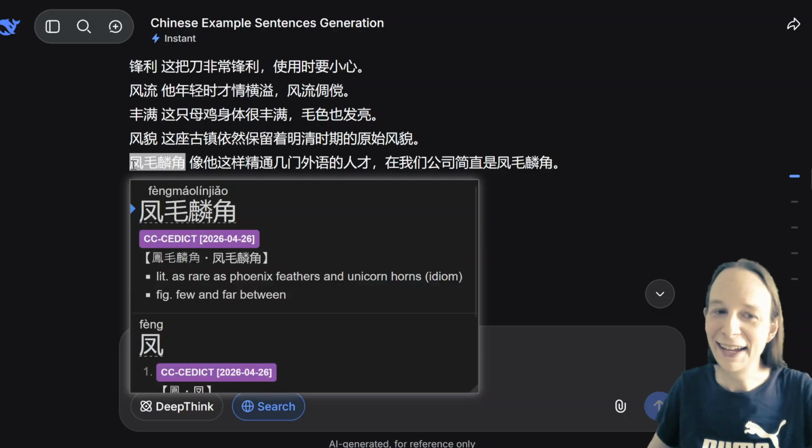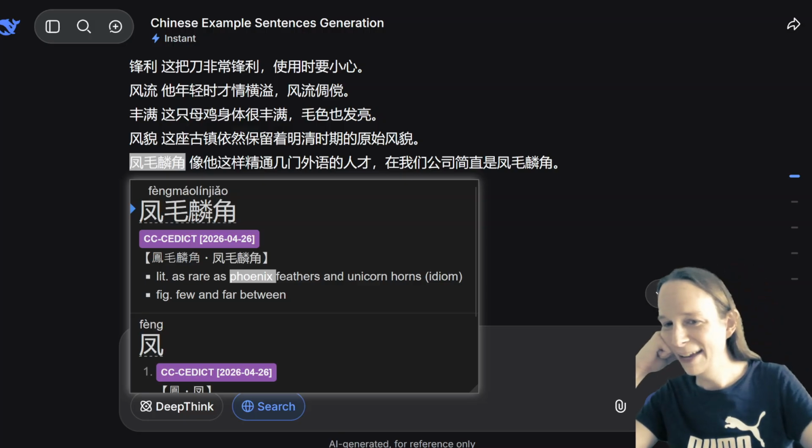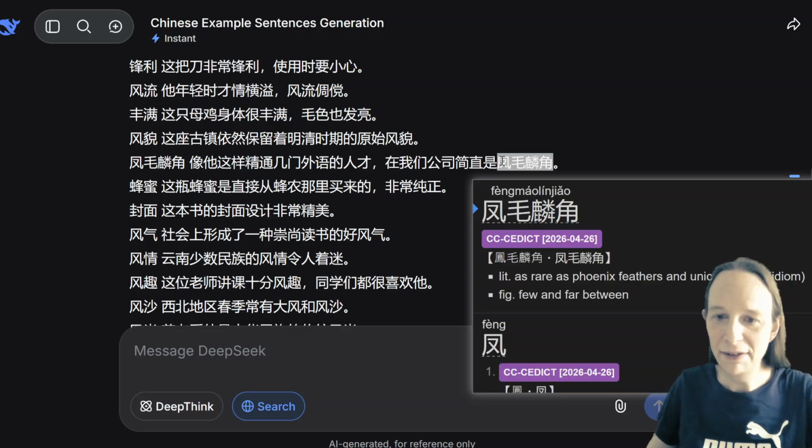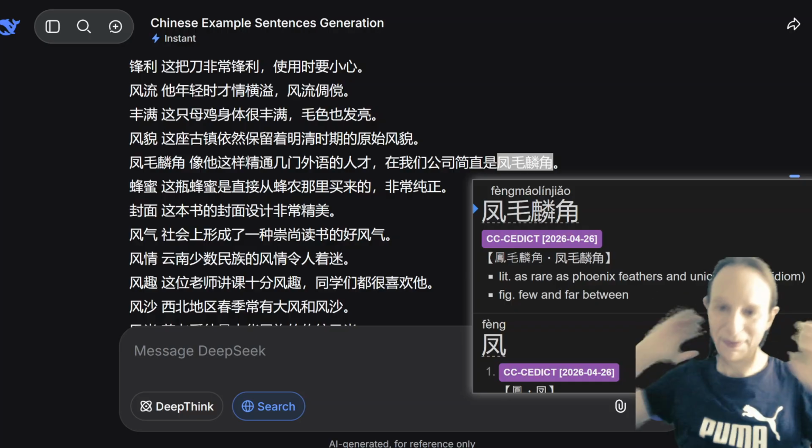I don't like calling it phoenix because it's not exactly the same. It's a Chinese phoenix. 像他这样精通几门外语的人才，在我们公司简直是凤毛麟角。All right, so it's rare, basically.